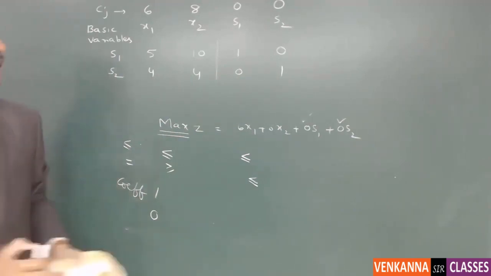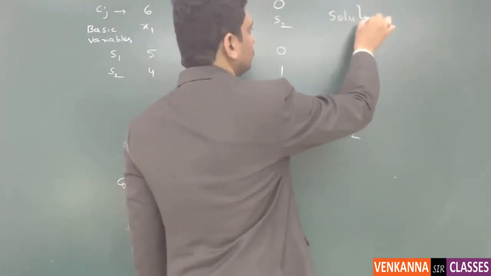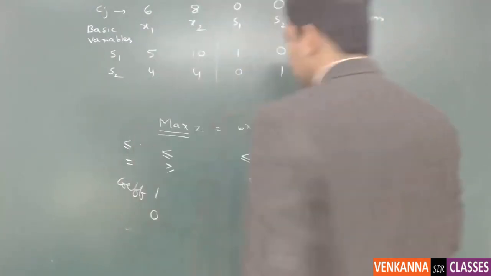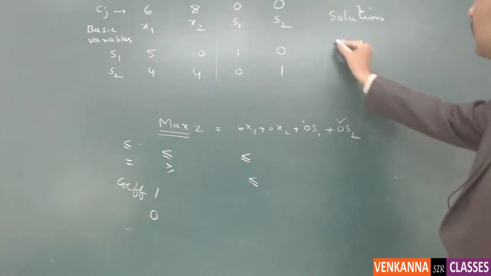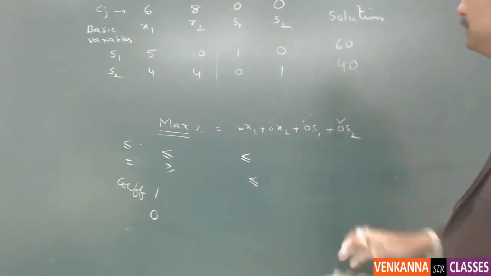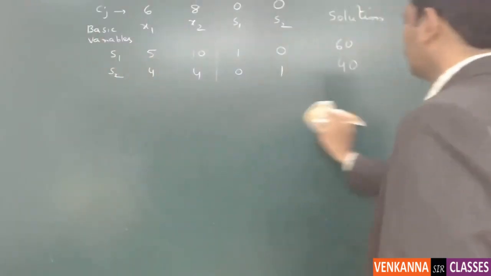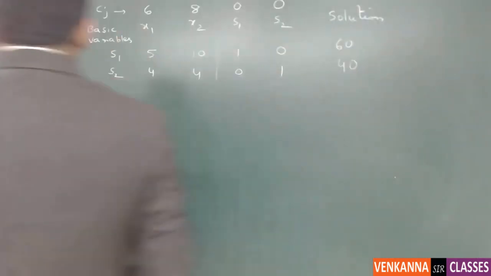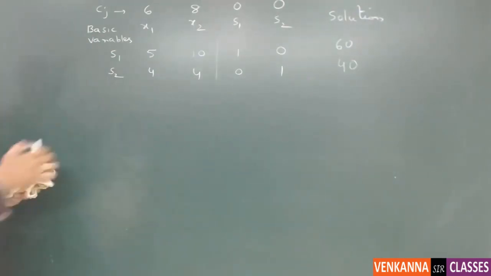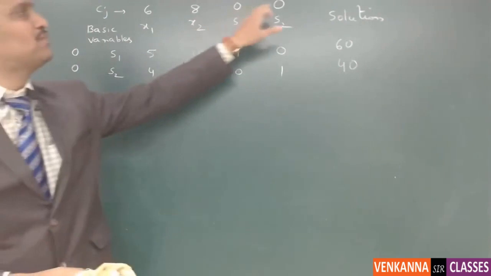Fine. Now, here I got the solution. The right side constraints, what we have is 60 and 40. And here we take the coefficients of S1 and S2 as 0, 0, which are taken in the objective function.